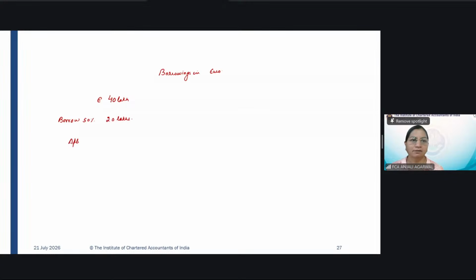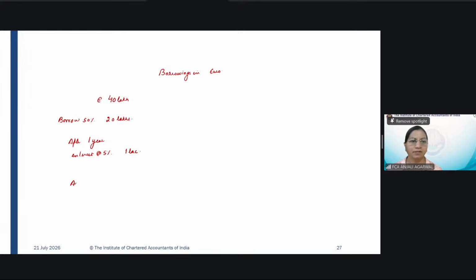After 1 year, you pay an interest of 5% on 20 lakh euros. It is 1 lakh euros.